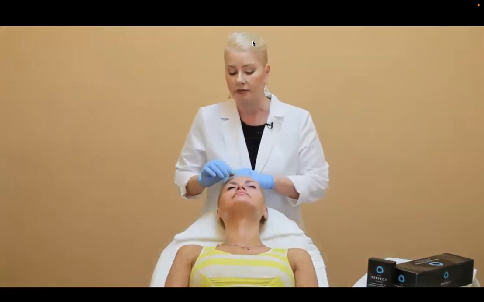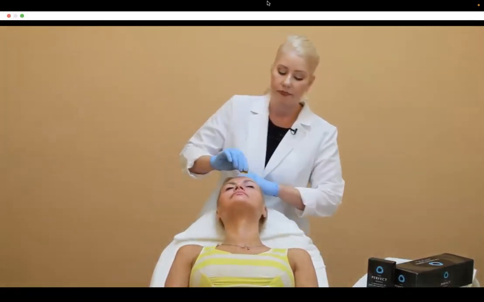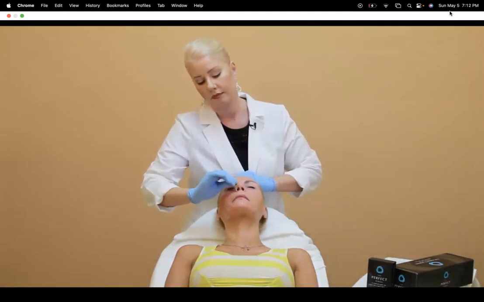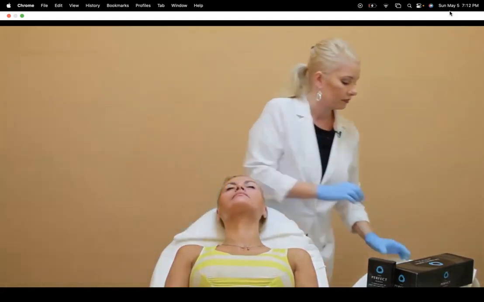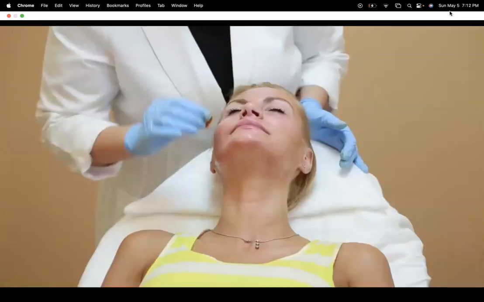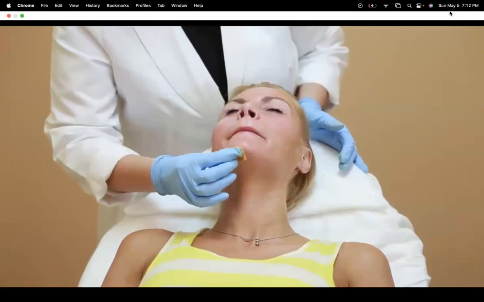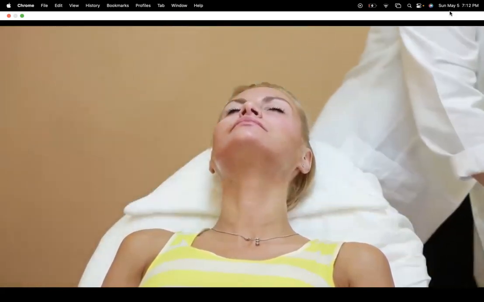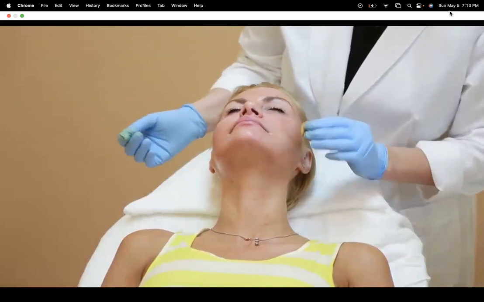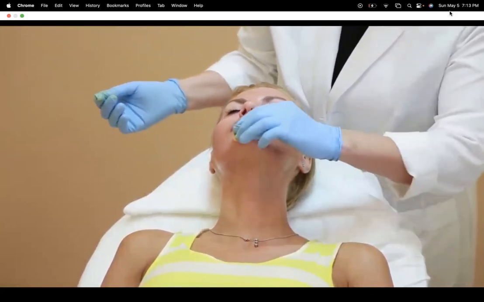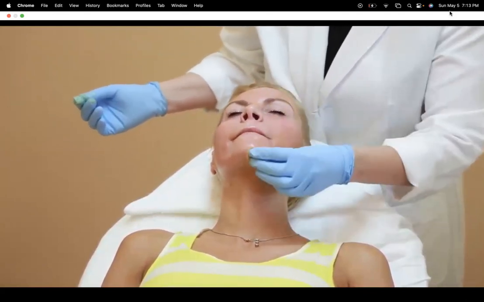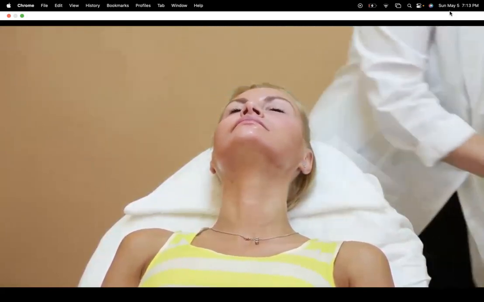And then we'll finish the peel throughout the rest of the face. Almost done here.